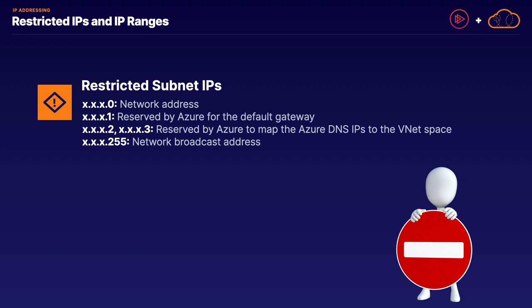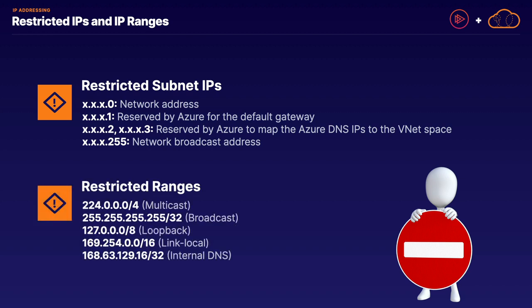your host pool. And then finally, before moving on, there are a few specific IP ranges that are reserved by Azure you also do not have access to. This includes a multicast range, broadcast range, loopback, and link local. And there's also an interesting range at the very bottom called internal DNS, which is going to be another ongoing topic in this course, especially in our discussion of working with DNS in the next session, which is 168.63.129.16.